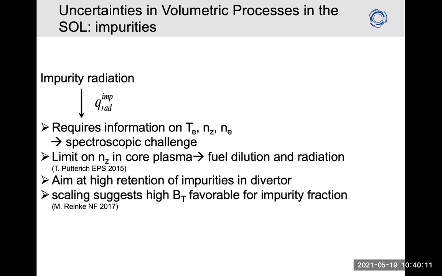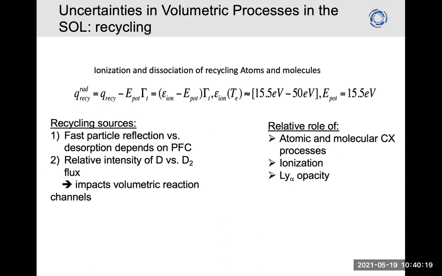So I then mentioned here that there are some uncertainties when we try to quantify impurity radiation. Yeah? So this is an issue. But there are also other aspects that one wants to look at.